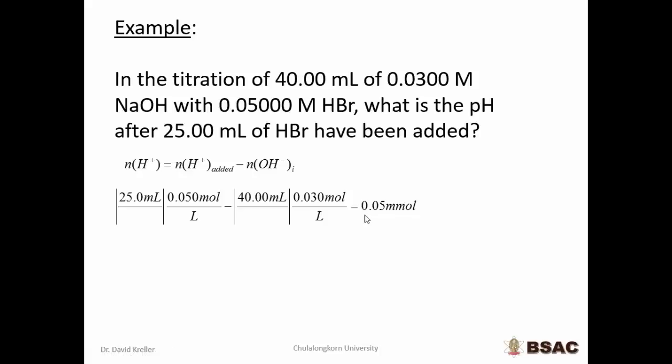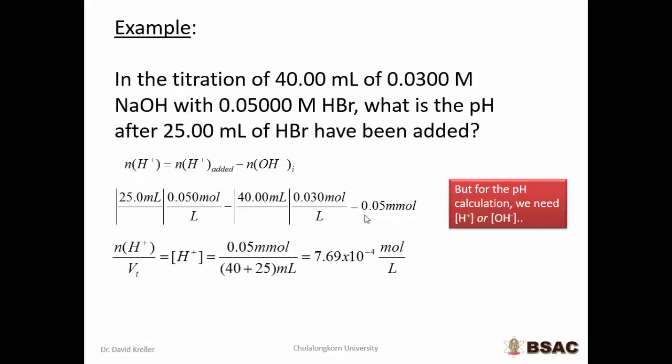Not very many, because we're just slightly past the equivalence point. Okay, but for the calculation of pH, we need the concentration of hydrogen ions. So we take the number of millimoles of hydrogen ions that are left over, divide that by the total volume. 0.05 millimoles divided by now 65 mL, because that's the total volume when we've added the 25 mL of HBr titrant to the initial 40 mL of NaOH that were there initially.